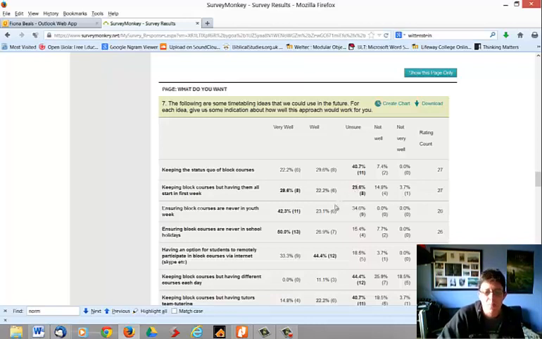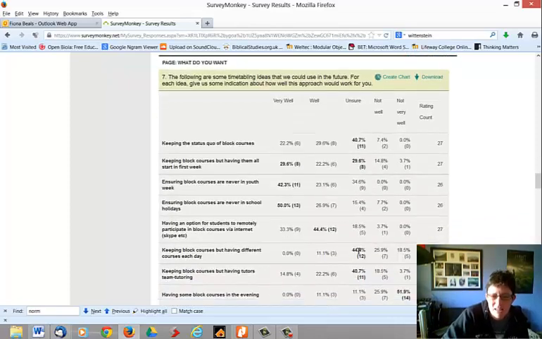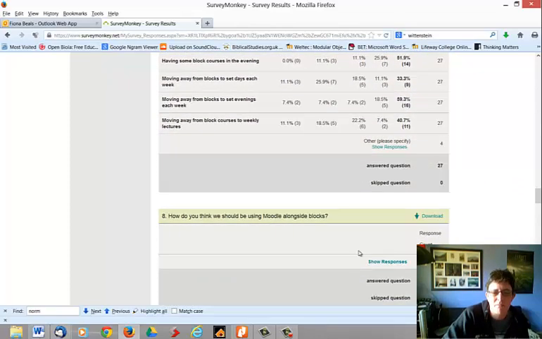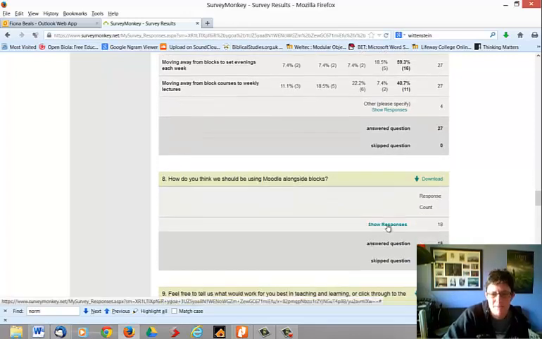So whilst it may benefit some students, not everyone's sure it's going to benefit. Definite 26 here, the median will fit in here, the middle number, mode is here. The indication is keep the blocks but get the timetabling of the blocks right.